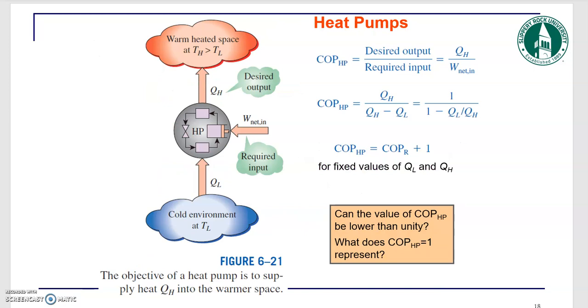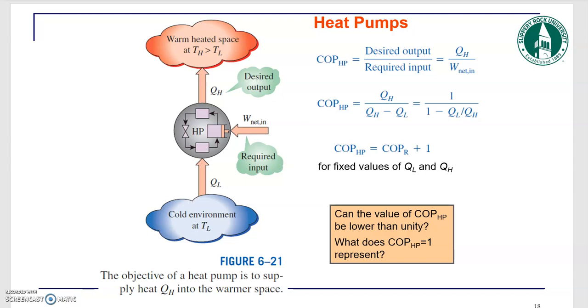All right, so the next one is heat pumps. So heat pumps are devices that, the principle is basically the same as refrigeration, except that in the refrigeration process, you want to keep some area cold by absorbing heat from a high temperature area. The heat pumps work kind of in reverse.